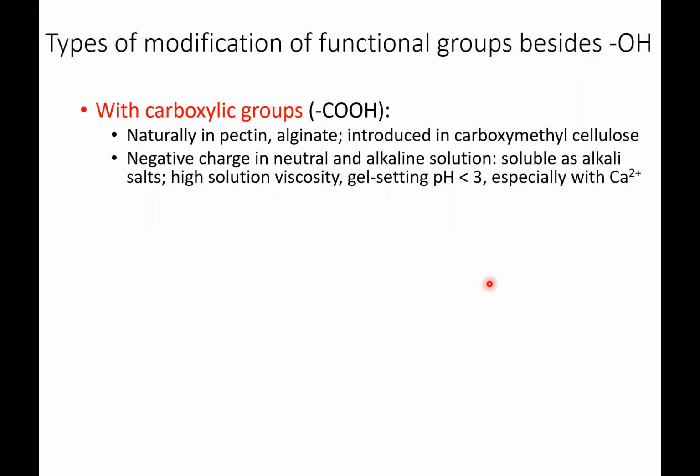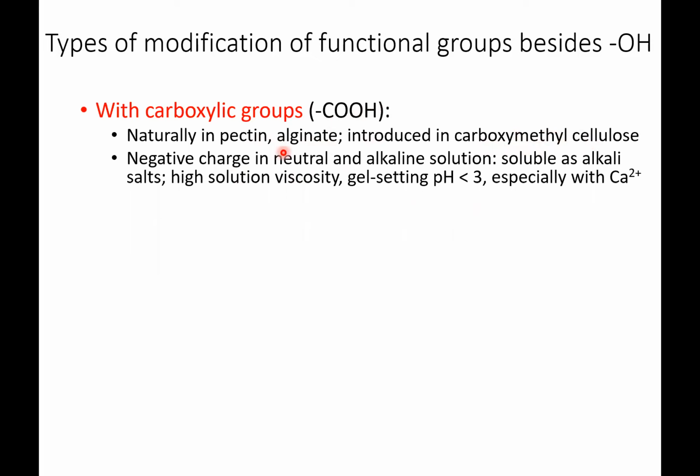Now let's look at the functional groups that we can choose from. Carboxylic acids, very common. They come naturally in pectin and alginate. They can be introduced in modified or derivatized cellulose, for example, carboxymethyl cellulose, or in derivatized starch, also possible.